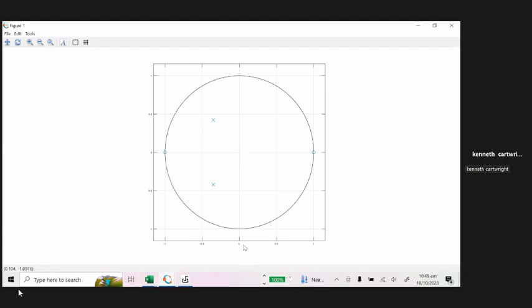The x-axis is 0 and the y-axis is 0 at that point right there. So we know the center of the circle is the origin of this graph. What else can you tell me about this circle?